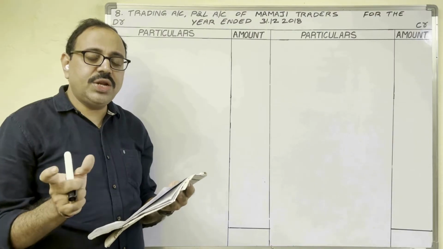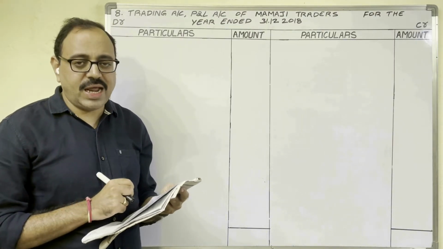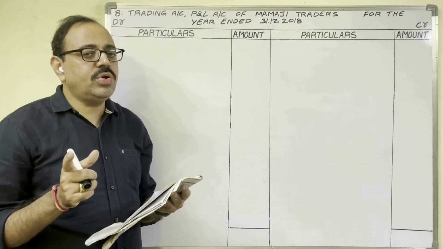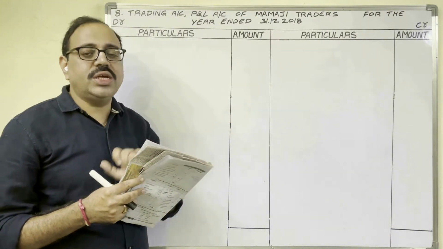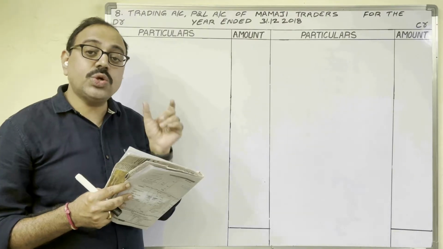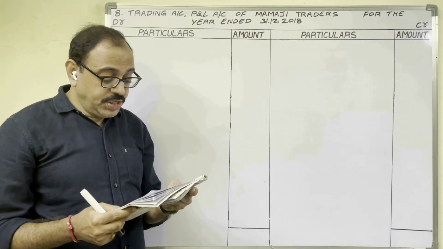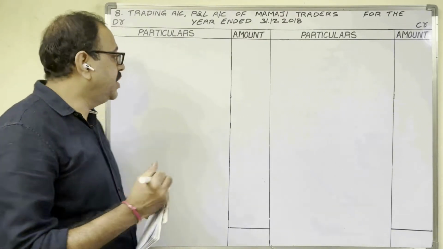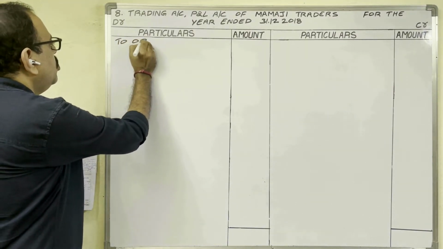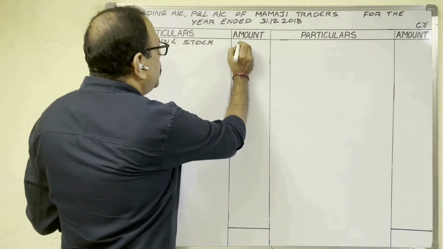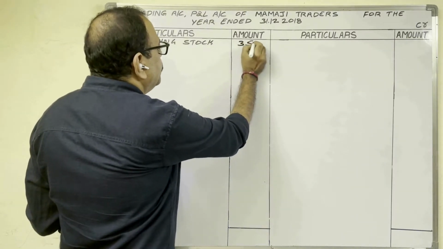So 1st January 2018 stock is given in the trial balance. 1st January 2018 is starting date of the year. So on that day if any stock is given, meaning is it is opening stock. Opening stock amount 3,500. In trading account debit side we should show this. To opening stock 3,500 rupees.